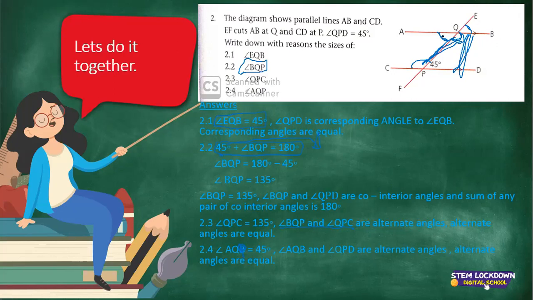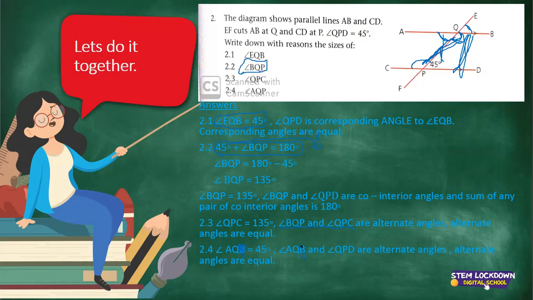Correct. And you can see that angle AQP is opposite to this angle right here. It's opposite to angle QPD. So our value for angle AQP equals 45 degrees. It means that angle AQP and angle QPD are our alternate angles.